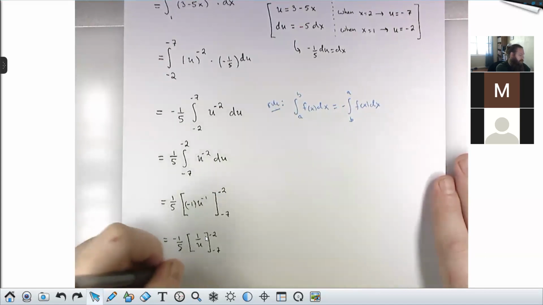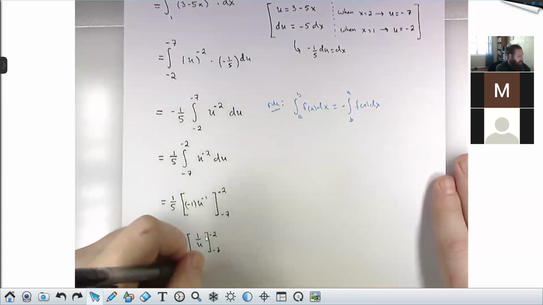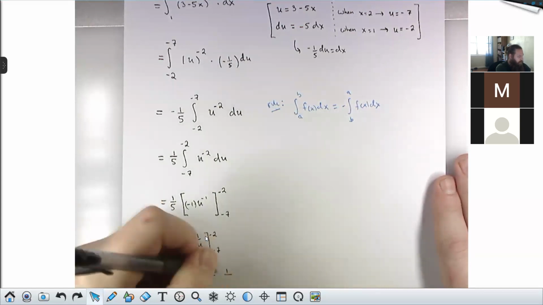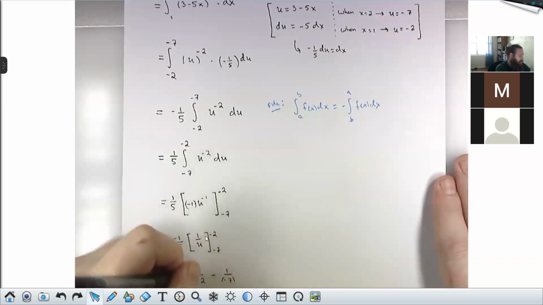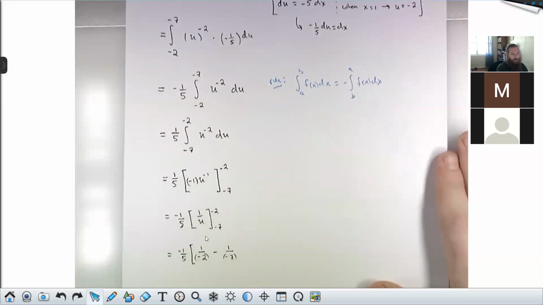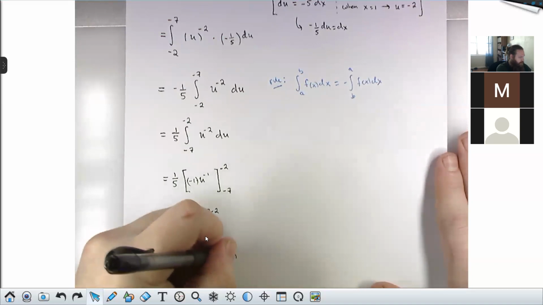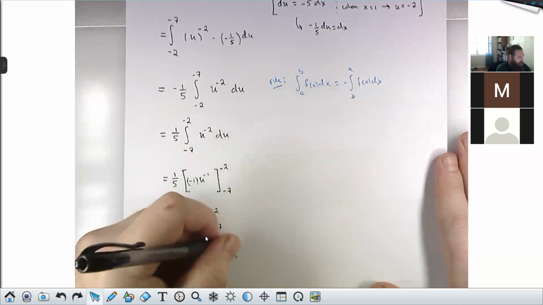And I'll get my -1/5 times 1 over -2 minus 1 over -7. And again, just to be clear what's being subtracted and what isn't, we'll write it like this.